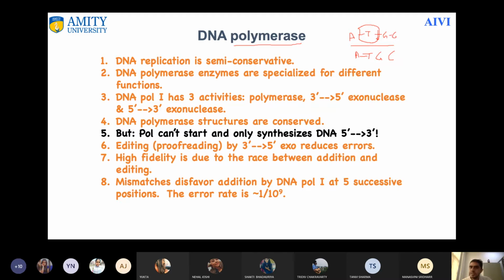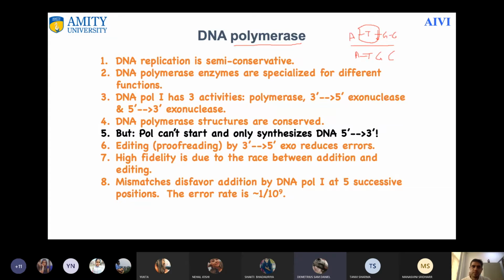So what do you mean by nuclease activity? What are the nucleases? They cleave phosphodiester bonds.